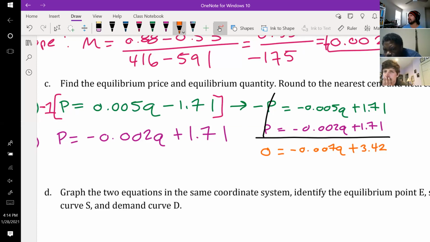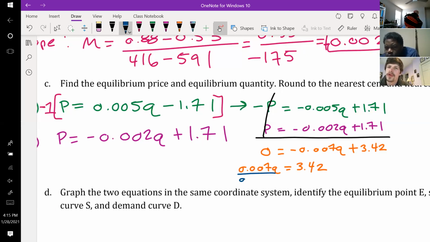Yep. And now all I'm going to do, because now we have to solve for Q, take this Q, move it to the left side. And we're going to get 0.007 Q positive equal to 3.42. And now just divide by 0.007.